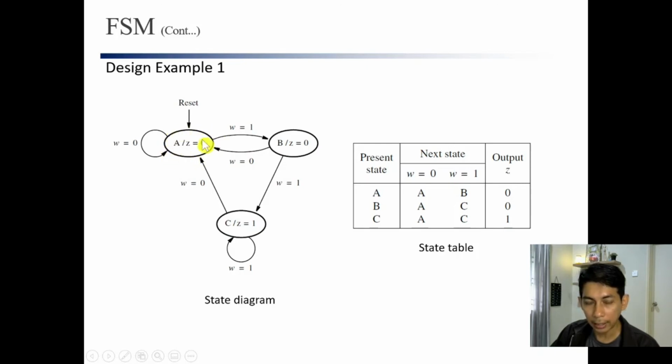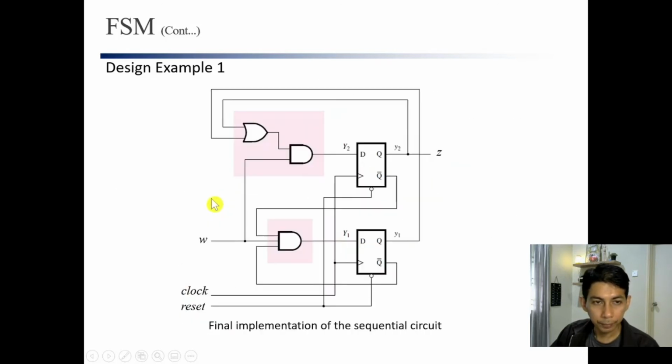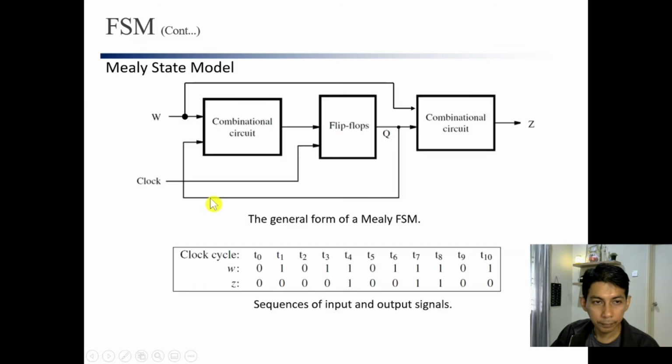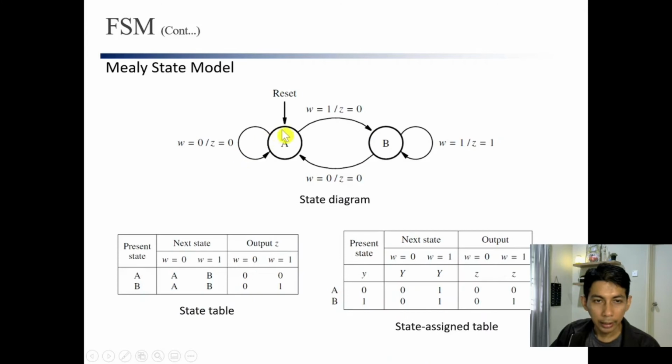So the output Z is inside the state, but for Mealy, the output is not in the state. The output is outside, in between the transitions of the state.